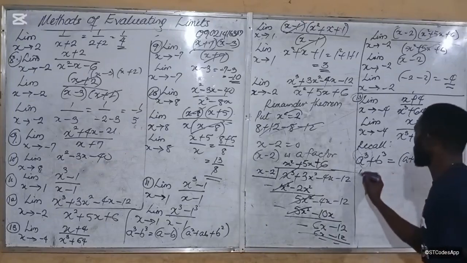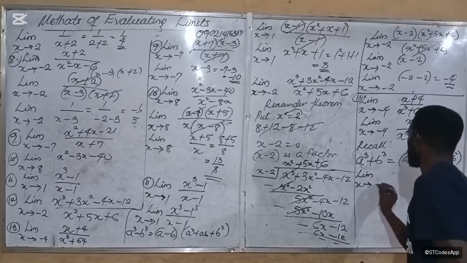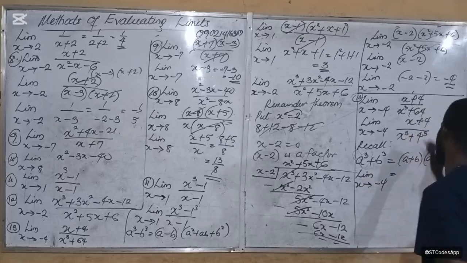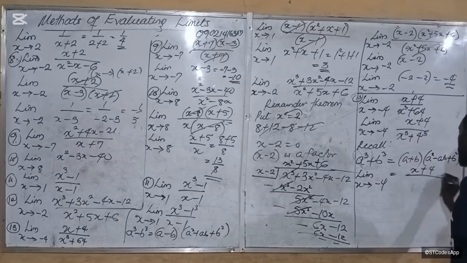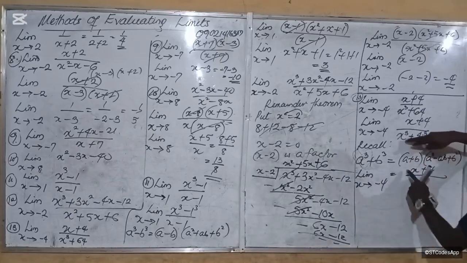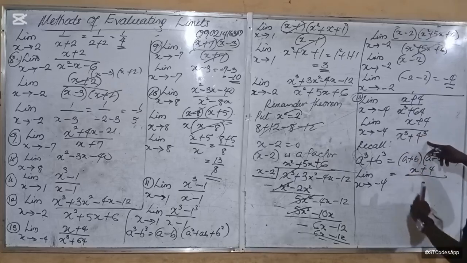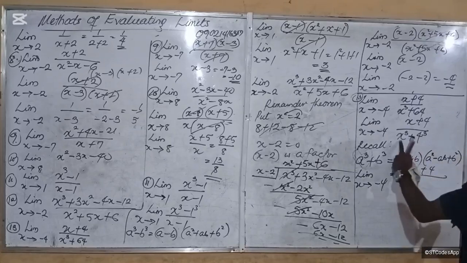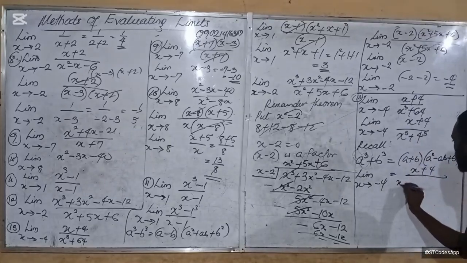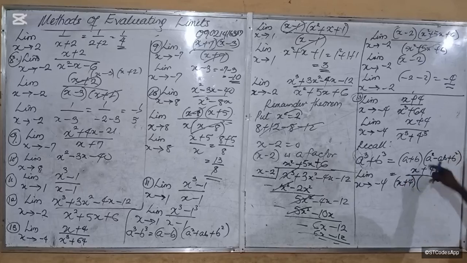So if this is it, then we have limit as x approaches minus 4 of x plus 4 over, we said that when we have first term cube plus second term cube, we're going to have the first term x plus the second term, open bracket, the first term squared, x squared, minus first term times second term, x times 4, that's 4x, plus second term squared, which is 16.